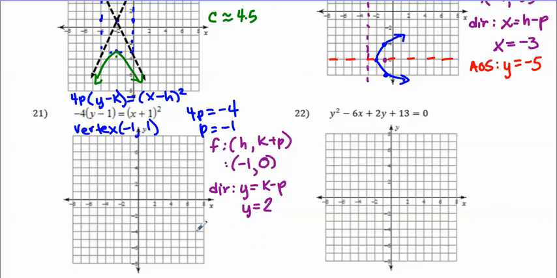Alright, so let's see what we can graph here. We're going to graph the vertex at -1, 1. And then I'm going to graph the focus at -1, 0, and the directrix at y equals 2.